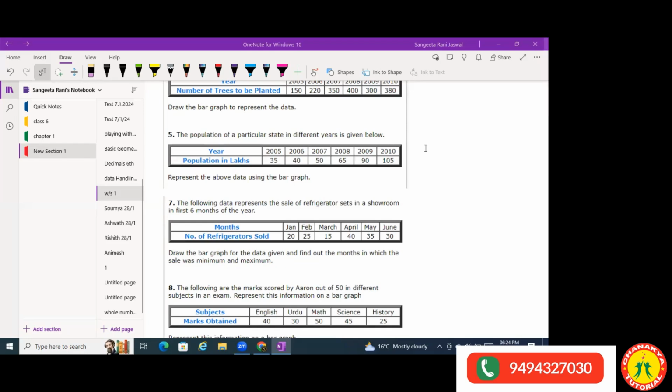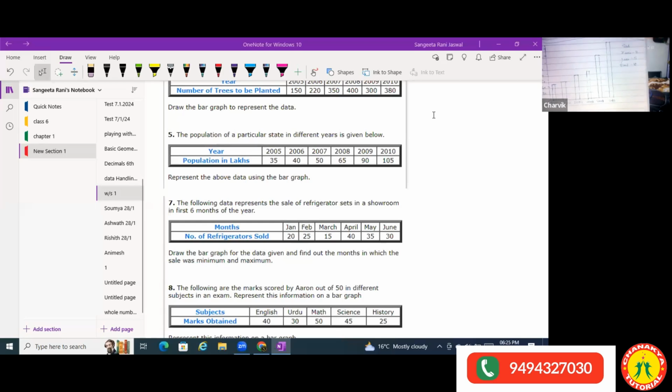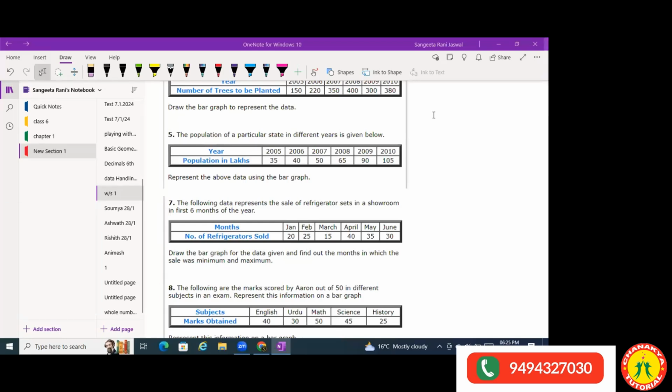Okay, ma'am. Charvik, this is which question number? It's the fifth one. It's the 6th one. Fifth one. Okay, beta. What scale have you taken on the y-axis, Charvik? I took 2.